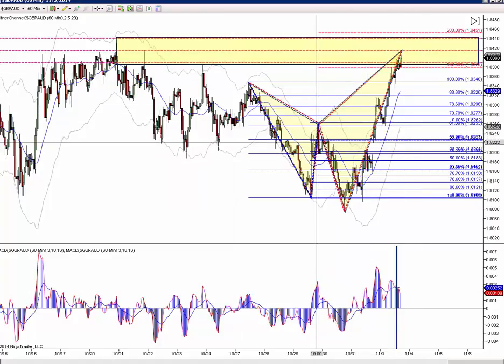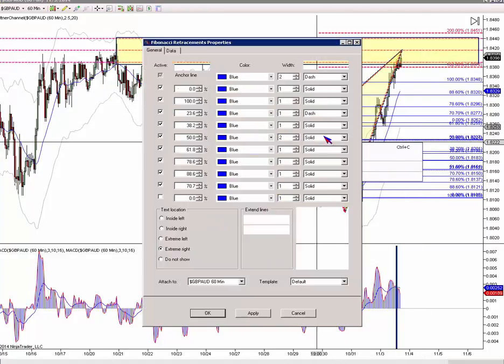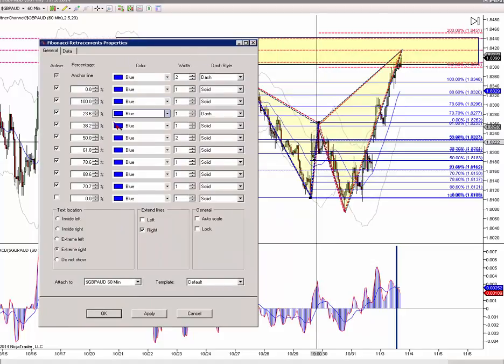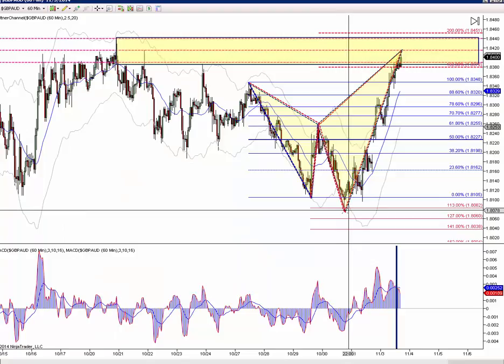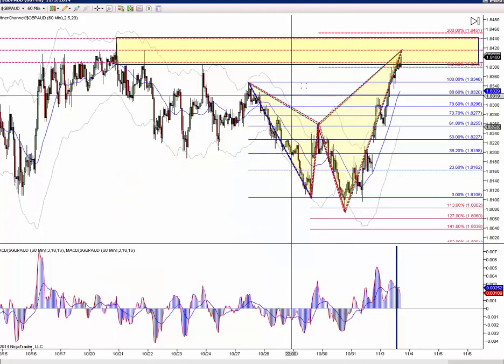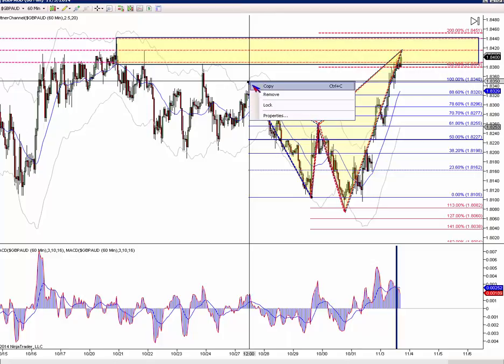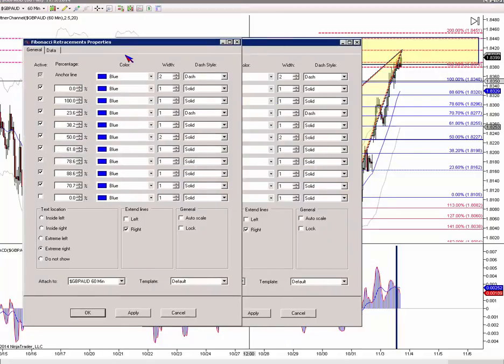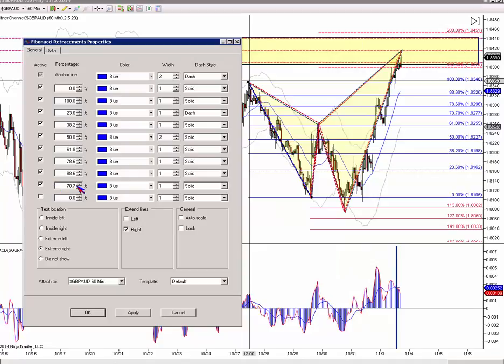Then we look at this pattern here. Same thing on the downside. We look at an extension to the downside, and we see that price did come in between the 113 and the 161 extension. And then we have this swing here. All right, so the pattern risk for the shark, let me just do like that.